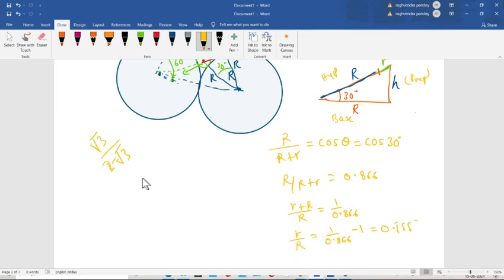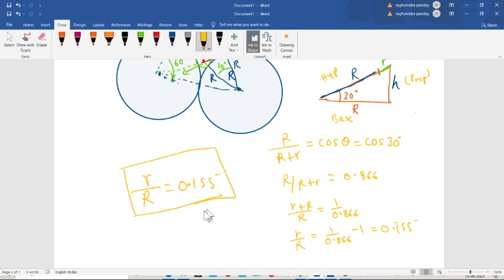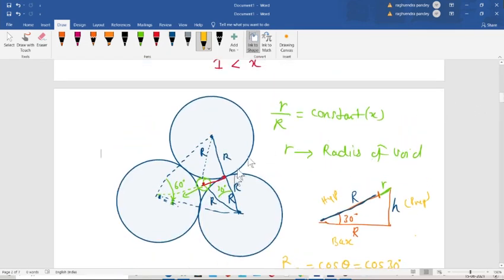Now when we get this ratio, small r upon capital R, this ratio is called the radius ratio, and it shows the exact fit model.